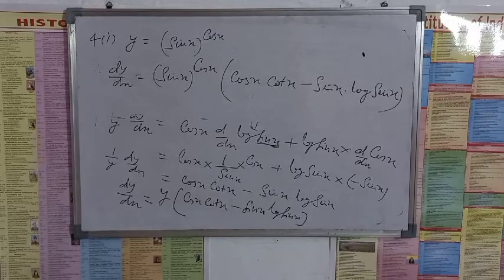Now we will see question number 8, second part. x is equal to e to the power x upon y.